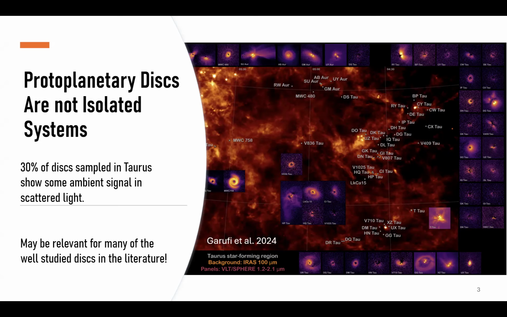You can see SU Aur up here is a pretty amazing example. Given that the free-fall timescale for this material should be on the order of 10^4 years, and the disk lifetime is say 10^6 years, the fact that we see 30% of disks with this kind of diffuse emission around them is surprising, I think.